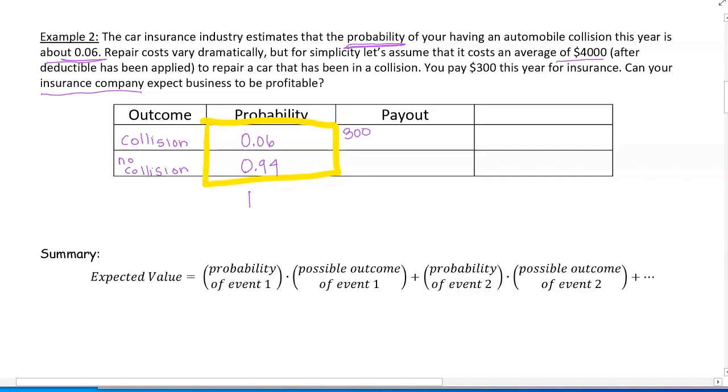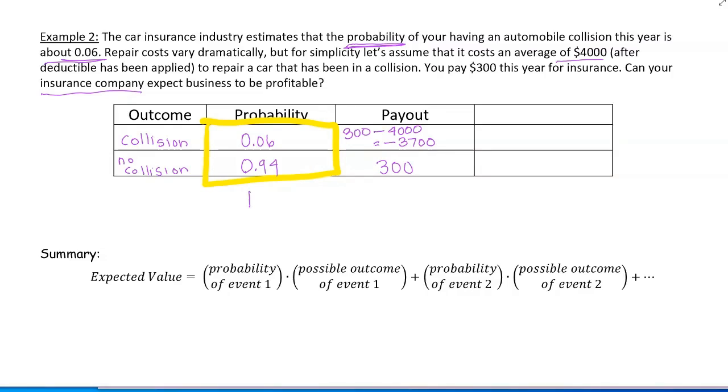Every one of the customers in this problem has paid $300. Then if that driver has a collision, there's a payout of $4,000, which is a net loss for the company of $3,700. Now, for the drivers that don't have collisions, they are just going to have an income of $300 per driver for this problem.